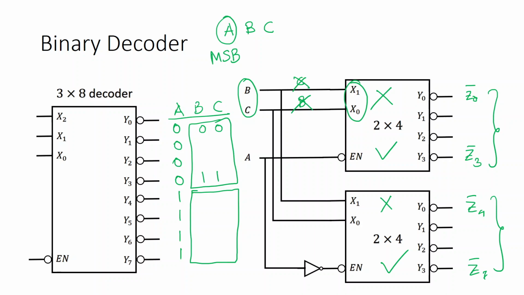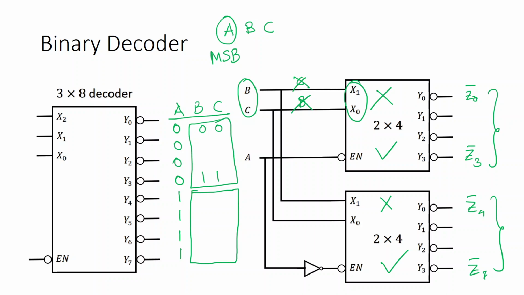There are a lot of different permutations and combinations with the signals you can try, but that will make things complex, so don't try to do that. Try to keep things simple. Put the MSB of the binary word to the enable input, and then see where the other inputs have to be put in order to implement a higher order decoder using lower order decoders.